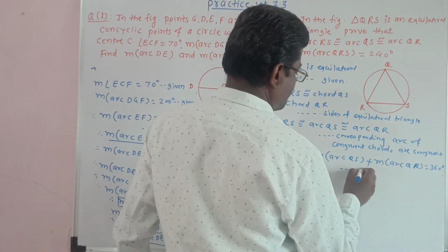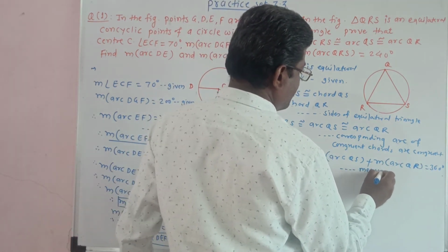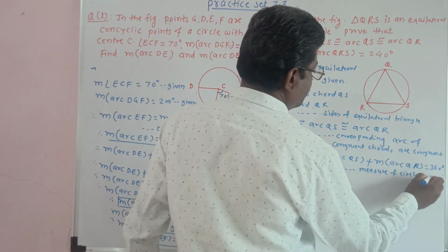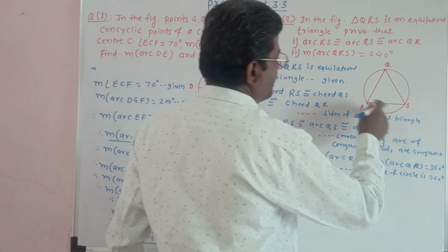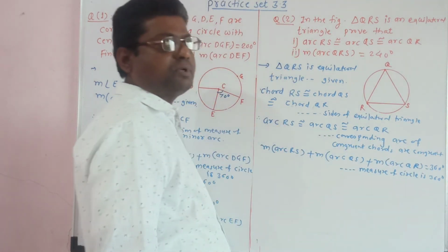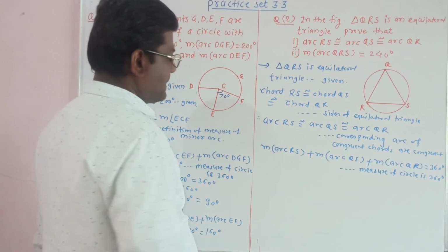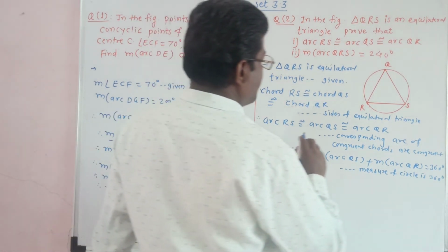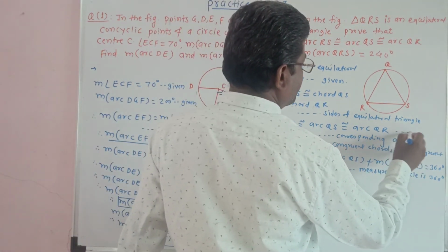Reason is a measure of circle is 360 degree. All these arcs constitute circle. Therefore, now suppose this is equation number 1.